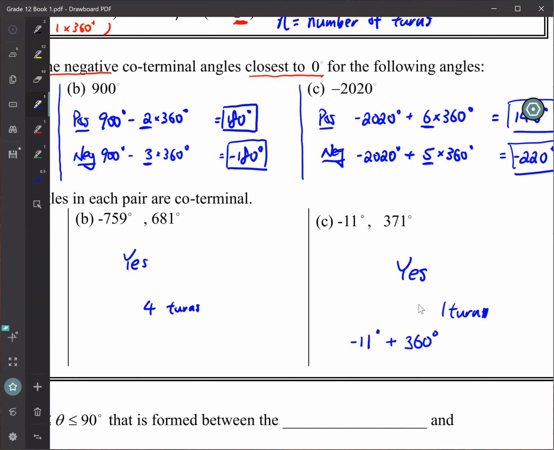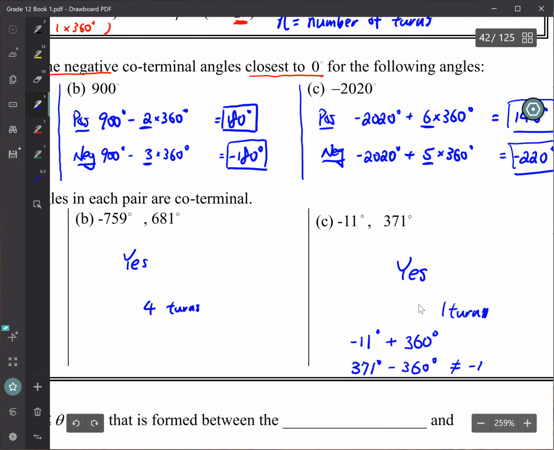Let's say you start with 371 and you want to get to -11. What do you need to do? Add or subtract? Subtract. Yeah, so if I subtract 360 degrees, what do you get? 11. Yeah, so it's still not -11, right?